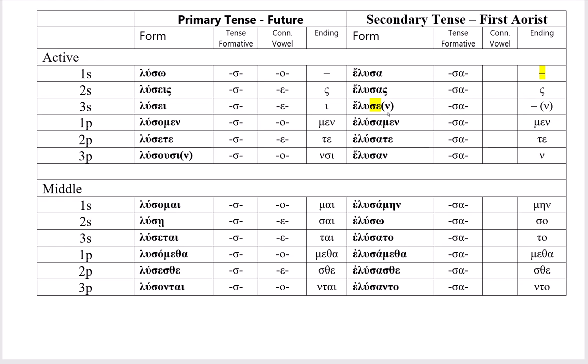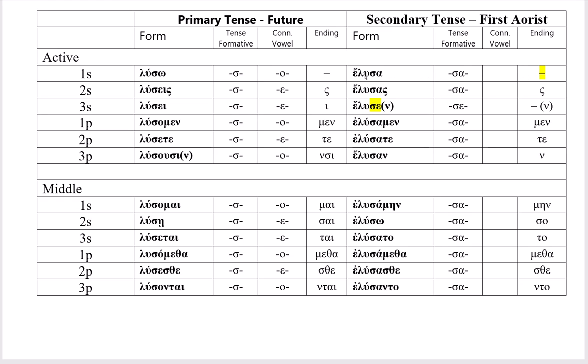And the third singular, instead of sa, we are going to have se. So other than that, the secondary endings will be the same. Same down for the plurals in the actives, and then the same for all of the middles: mēn, so, to, metha, sthe, and nto. So just those two exceptions.